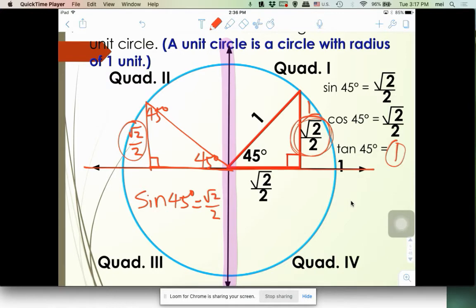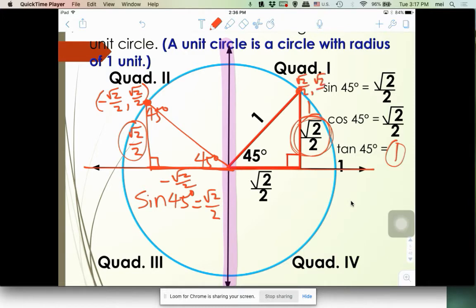So we have the same value in quadrant 2. The only thing that is different is the cosine, because we're going to the left side now, and moving to the left gives us a negative. So instead of radical 2 over 2, it should be negative radical 2 over 2, because that coordinate point is going left and then up. Left is negative, up is positive.